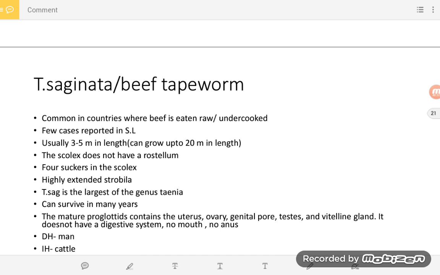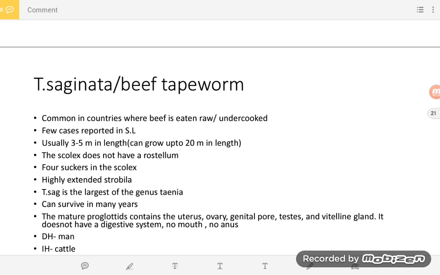Here man is the definitive host because the adult worm is found in man, and cattle or beef is the intermediate host. In the case of Taenia saginata, the beef tapeworm, the infective stage is the larval stage, Cysticercus bovis larvae.